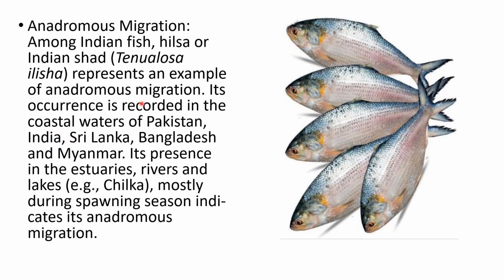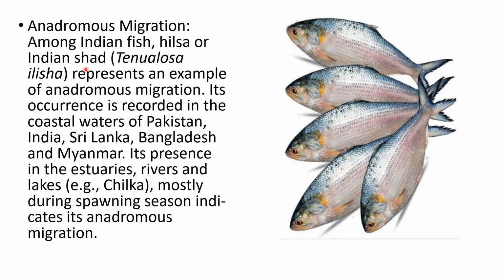So the next example that we are supposed to study about is the hilsa. Hilsa is a fish that is very well known for its behavior of anadromy. It's the best example to study anadromous migration.